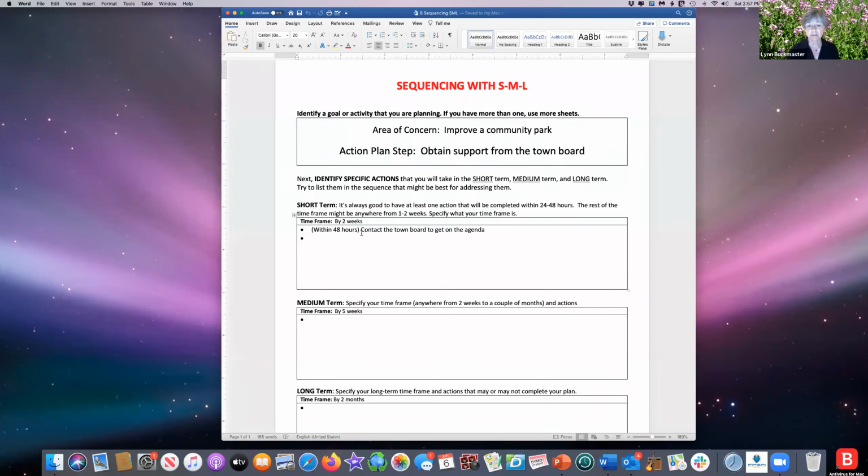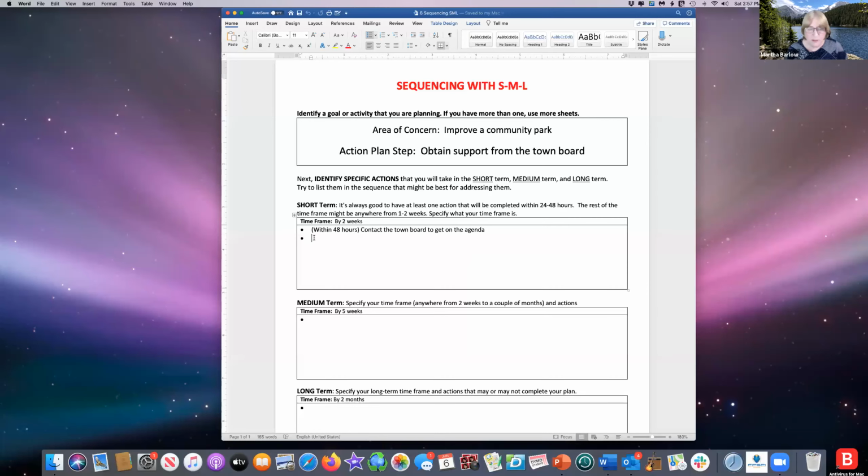So that was what we did within 48 hours. But we have 2 months to plan. So in the chat, we're just going to focus on first the short term. What other short term goals or activities can you think of for obtaining support from the town board? What else do we need to do?